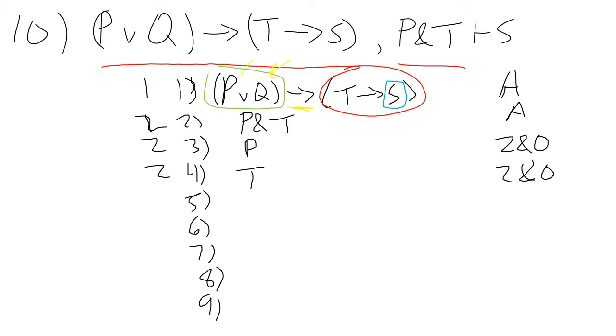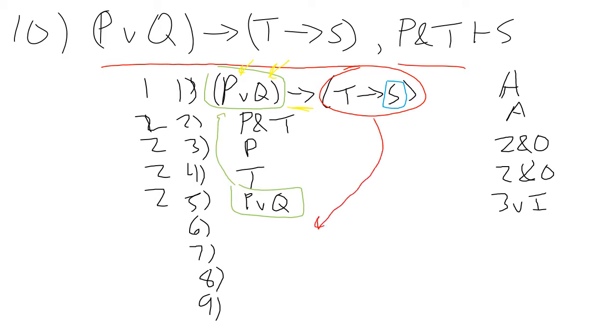I need either Q or P, and then I can wedge in the other one. Well, luckily I've got the P by itself here in line 3. So I can wedge in the Q. From 3, wedge in. 3 only has the number 2 next to it. Now I've got the antecedent, and I can write my consequent down here.